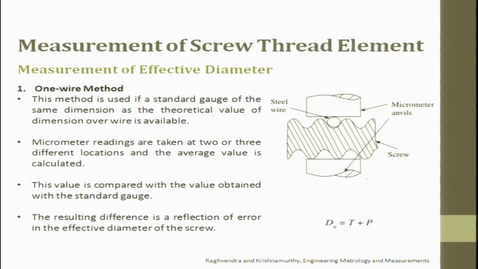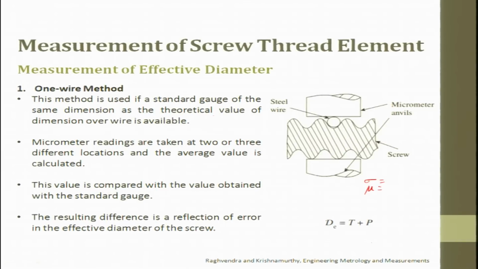Then we find the standard deviation and the mean, figure out the process variation, and then choose the method we want. So, here also we take 3 readings and then the average value. This value is compared with the value obtained with the standard gauge. The resulting difference is a reflection of the error in the effective diameter of the screw.